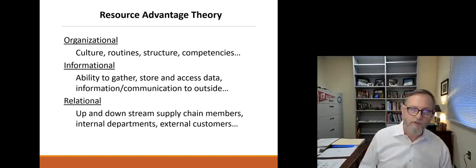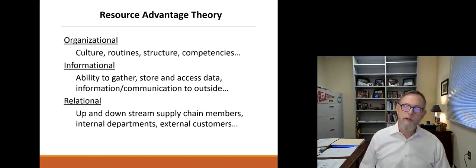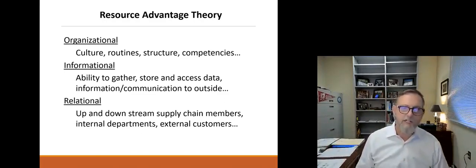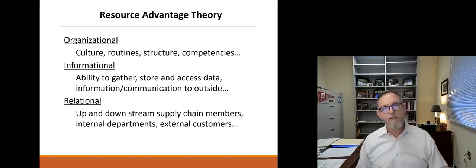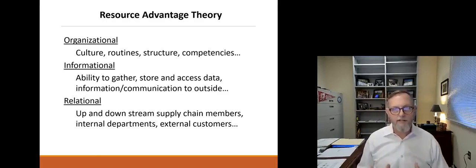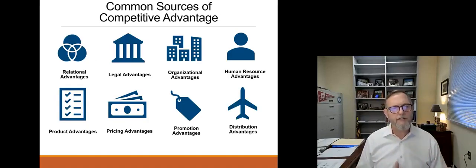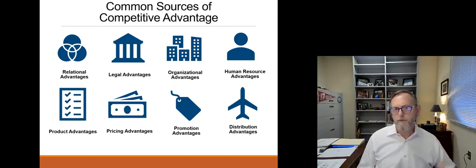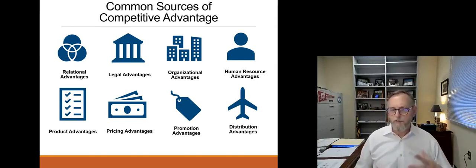It's a little harder because people shouldn't be able to copy it if it's a true advantage. But the whole point here is advantages can come in lots of different areas, but they have to meet the 4 criteria of VRIN, VRINO, or VRIO. Those 4 criteria have to hold true. Other examples of sources of competitive advantage could come from marketing as well.